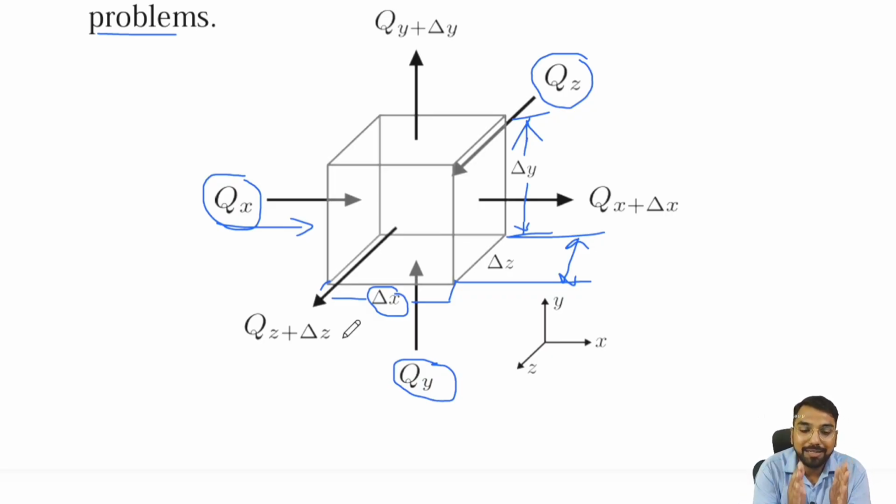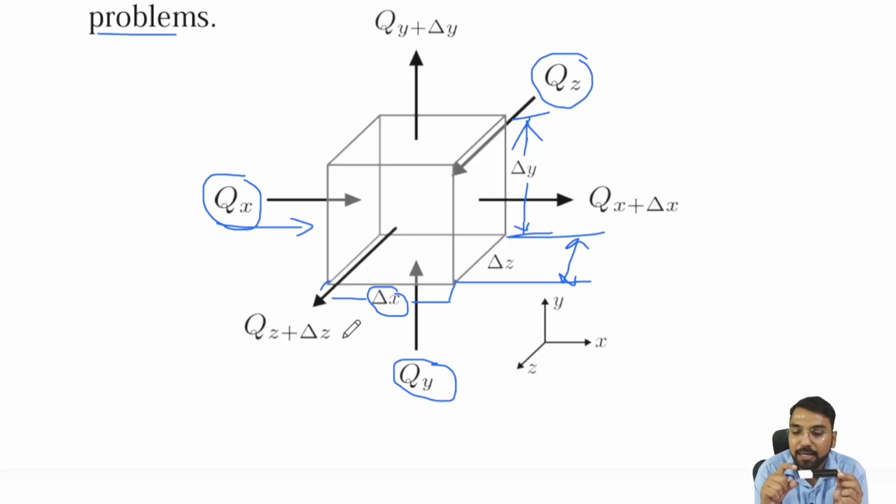Likewise, for this metal block, qx is the heat input in the x direction, this length is delta x, so the heat output is qx plus dx. In the y direction, the heat input is qy and the output is qy plus dy, where delta y is the thickness in the y direction.